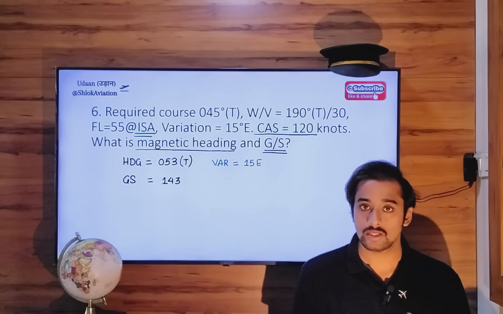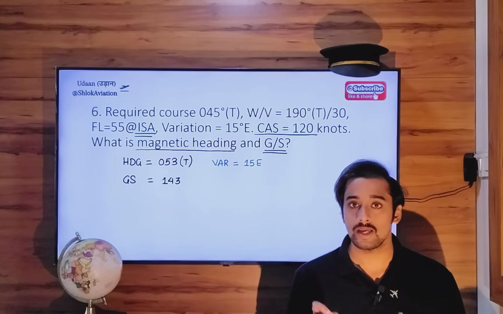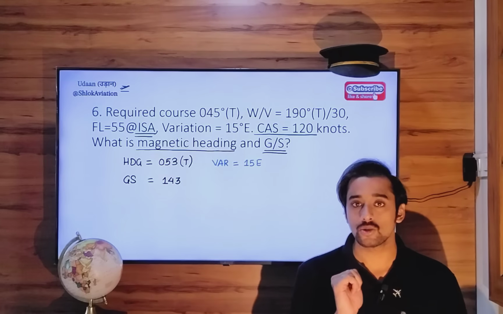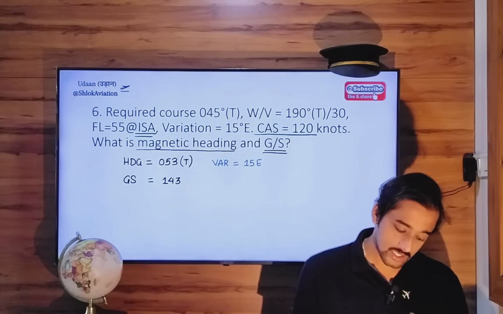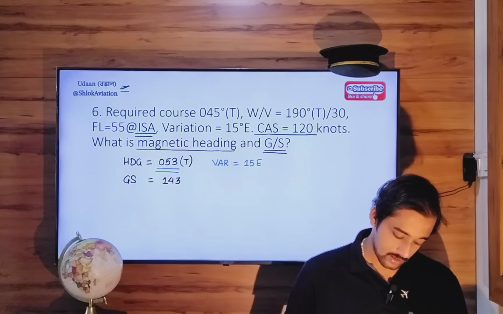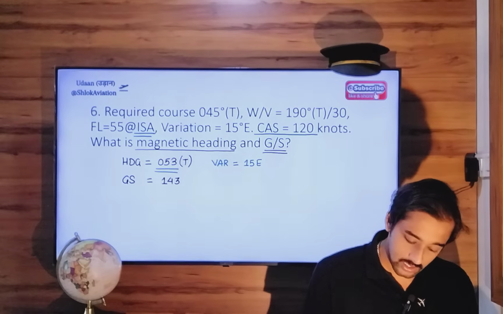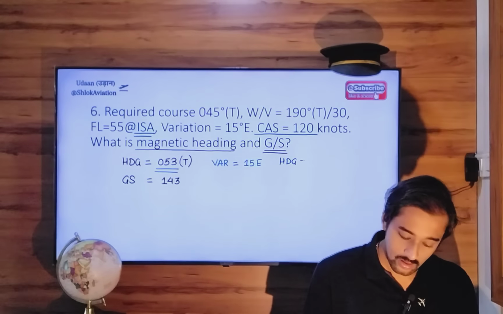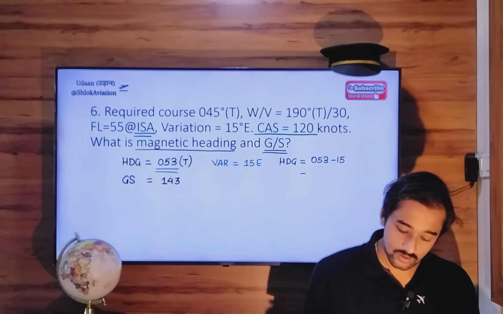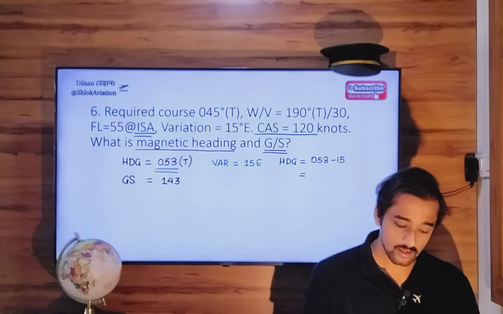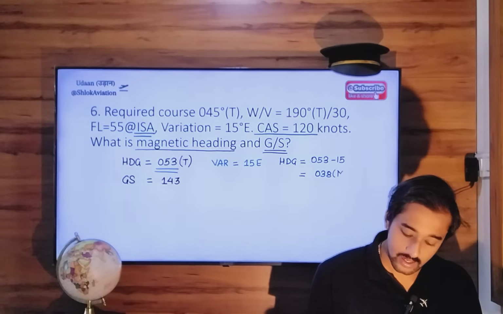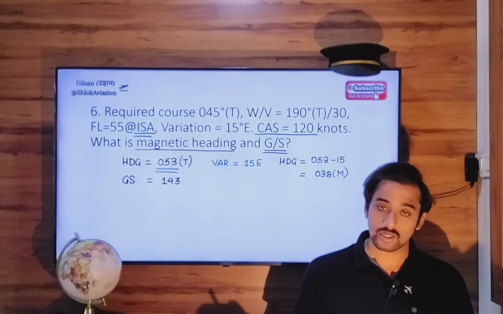Now if variation is east, magnetic direction will be less than true direction. So true direction is 053. Magnetic will be less than that. 53 minus 15 is 038 magnetic.